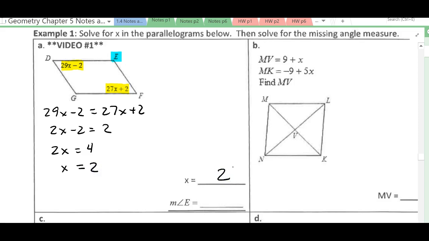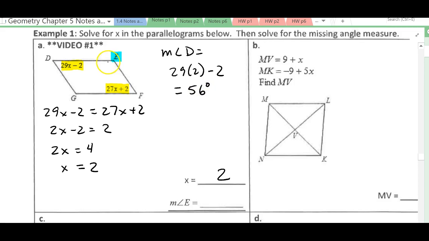So now that we have x, I can find the measure of angle D or the measure of angle F. So let's do the measure of angle D. That's going to be 29 times 2 minus 2, which is going to be 56.